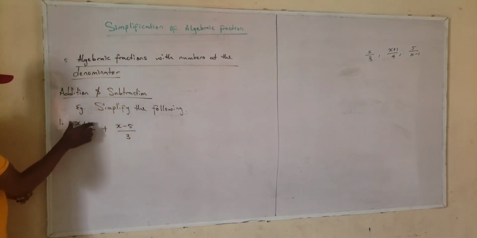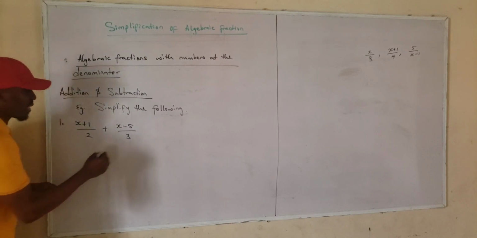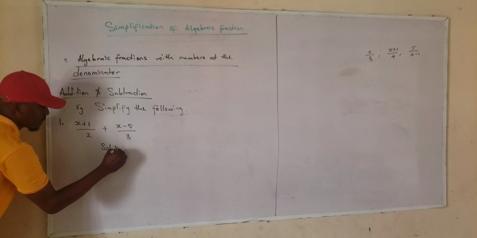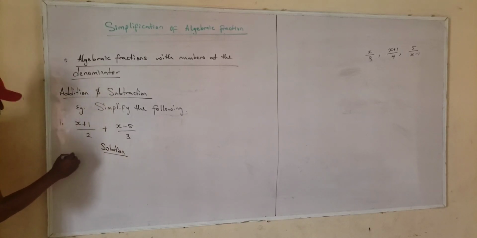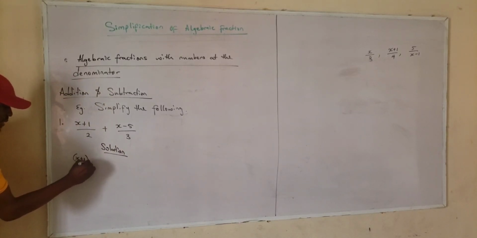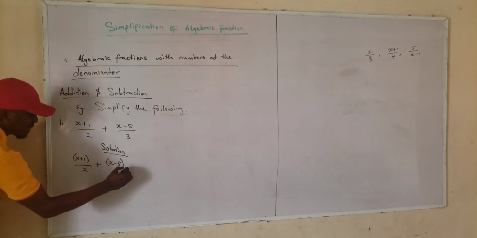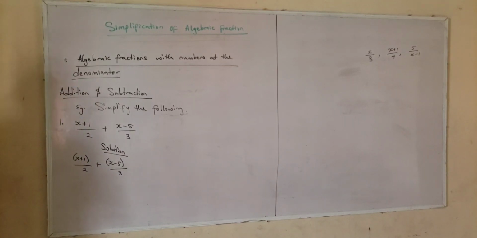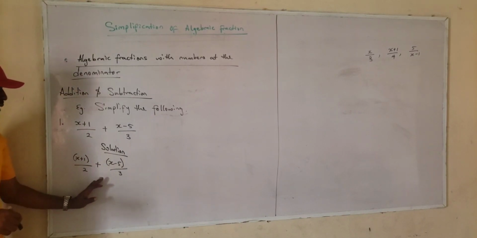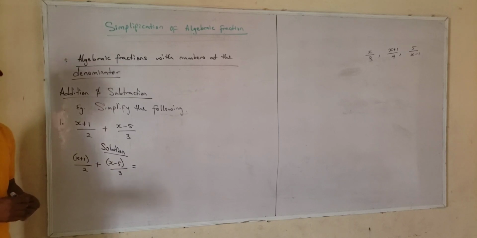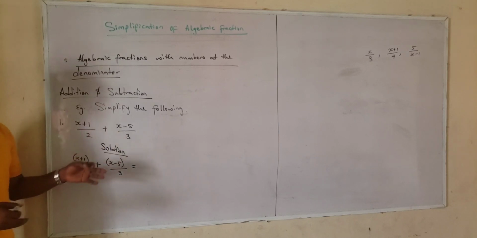So the first thing we need to do is to put this in brackets. So let's have our solution now. This will give us x plus 1 over 2 plus x minus 5 over 3. When you have gotten this, the next thing to do is what we did in fraction of numbers.